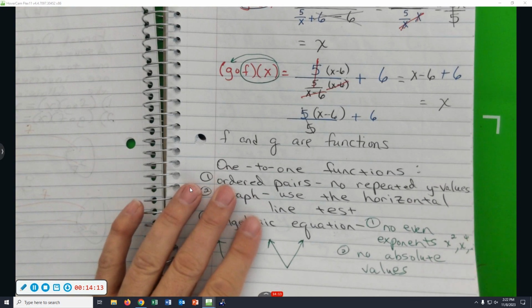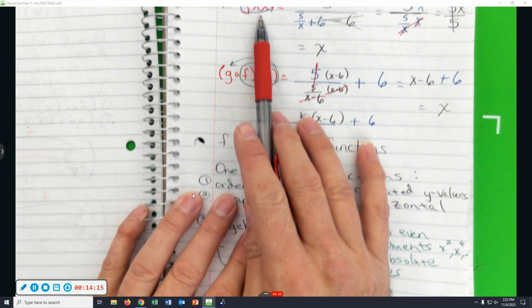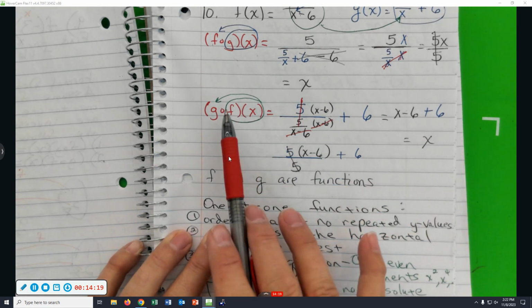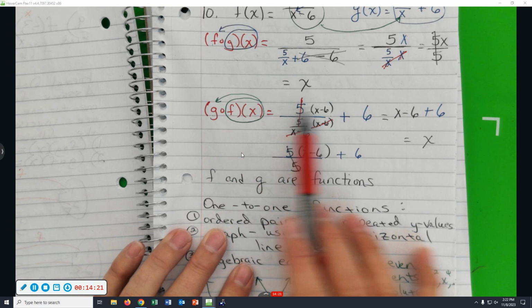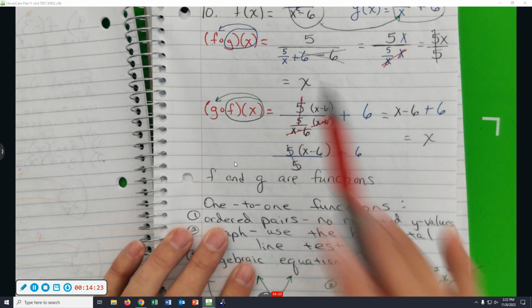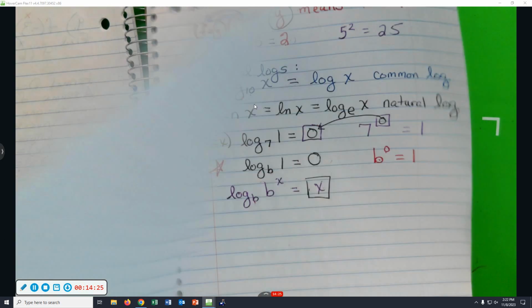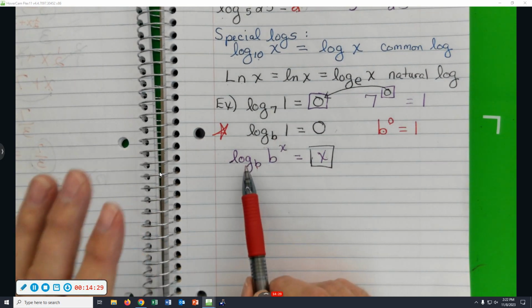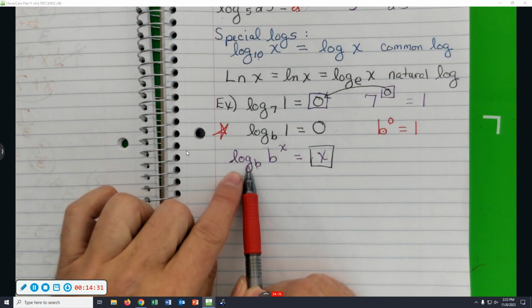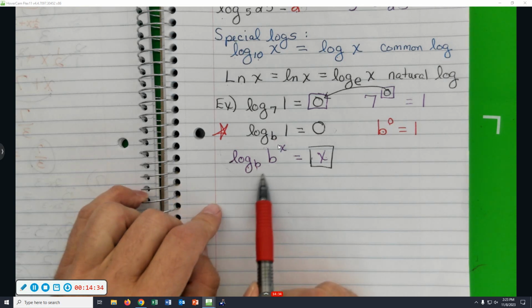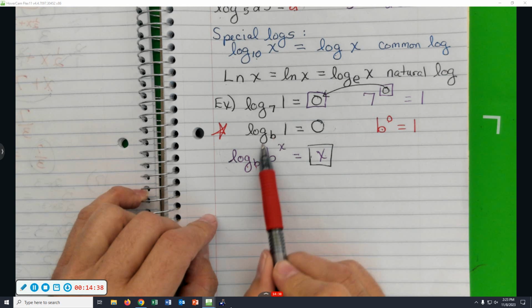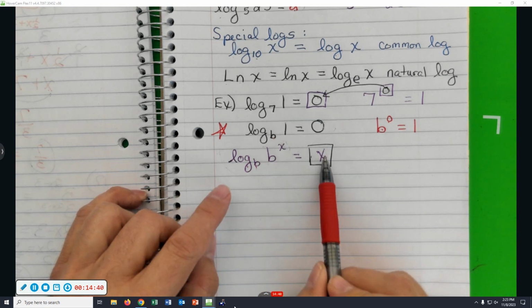This was a week ago today, where we were doing f of g of x equals x and g of f of x equals x. If they cancel each other out, then those are inverse functions. You started with x, and you end up with x, okay? You performed the functions consecutively, and you ended up where you started. So a logarithmic function and an exponential function cancel each other out.